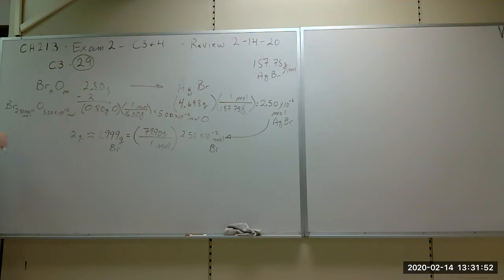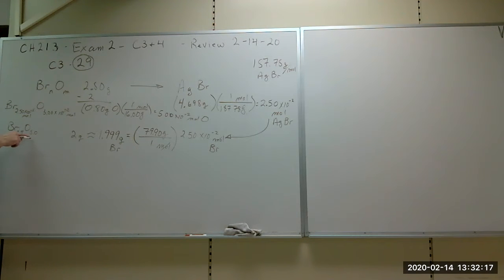So it's 2.5 to 5, but the empirical formula needs to be whole numbers, doesn't it? So what's the simplest whole number? Let me rewrite this. 2.5 to oxygen's 5. So what's the simplest? Right.